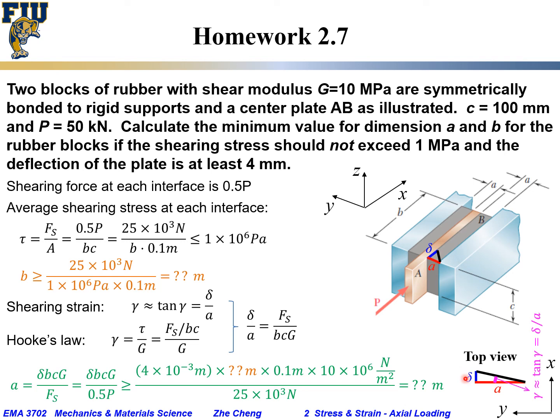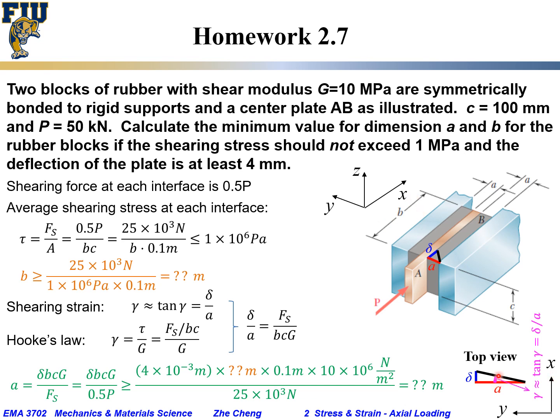If we view it from the top, again, this is an exaggeration of delta. If you view it from the top, it's more likely to be something like this. A is along the y-axis, and the delta, the displacement along B, is actually along the x-axis.